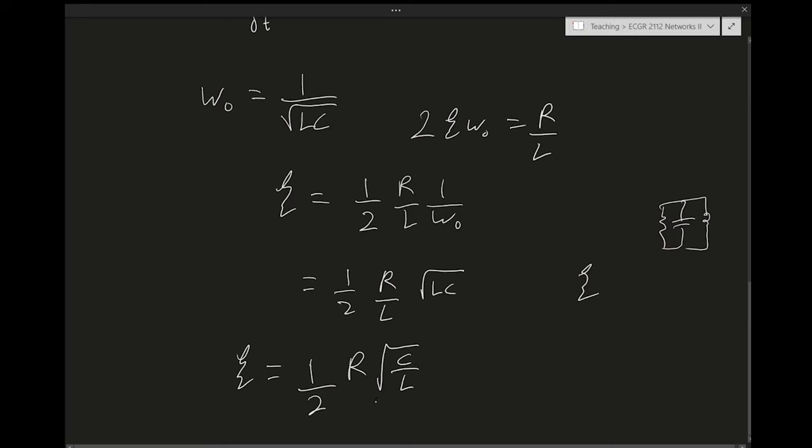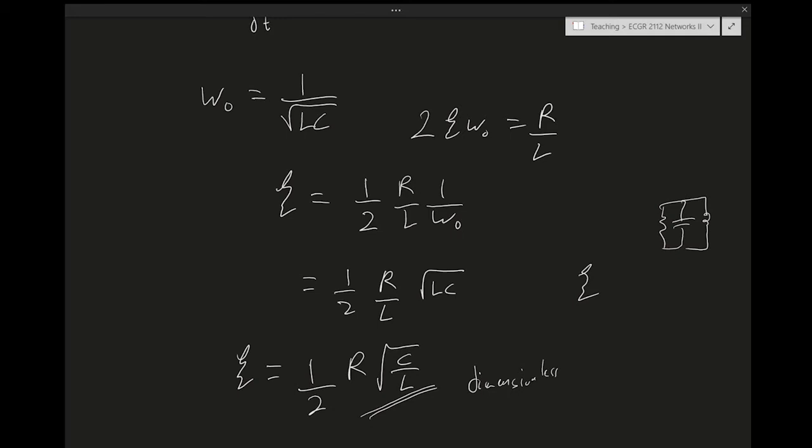What matters is that this is still a dimensionless quantity, so it makes sense from that point of view, and it represents the zeta constant for a series RLC circuit. What I'm trying to say is that zeta might not necessarily be the same for any circuit. You just have to solve the differential equation for any particular circuit to find out what zeta is going to be for that particular circuit.